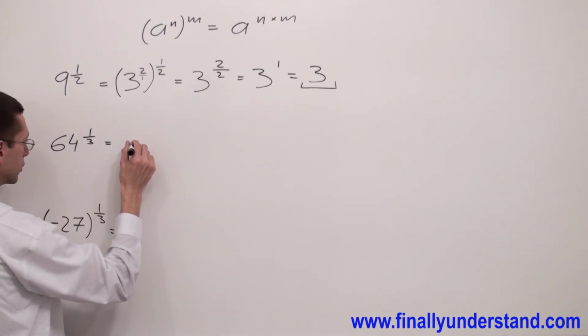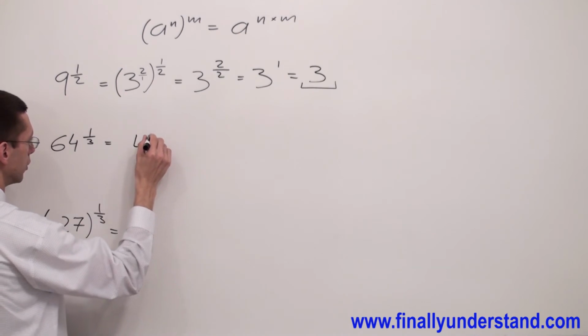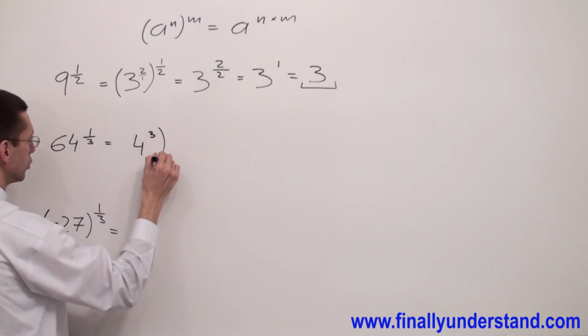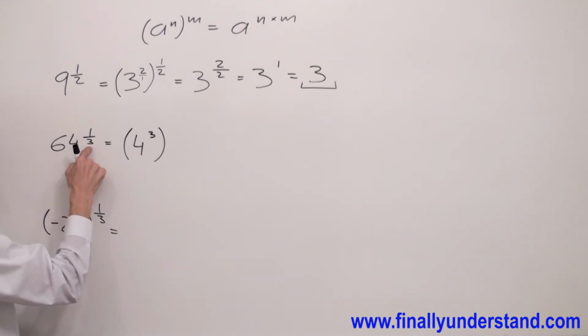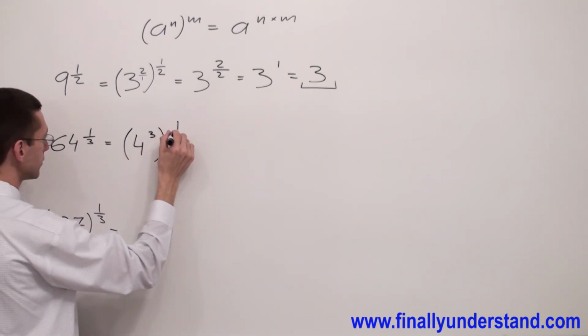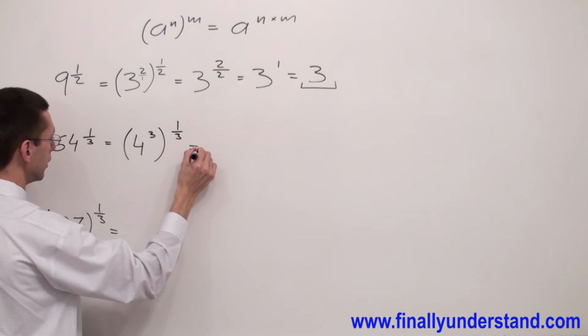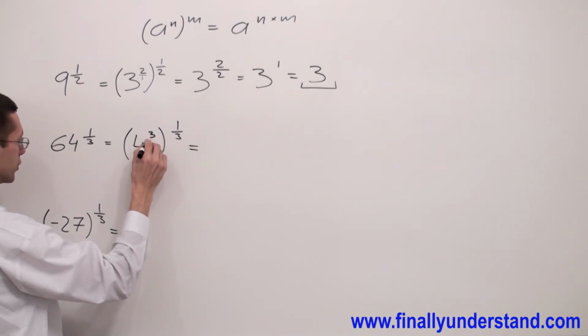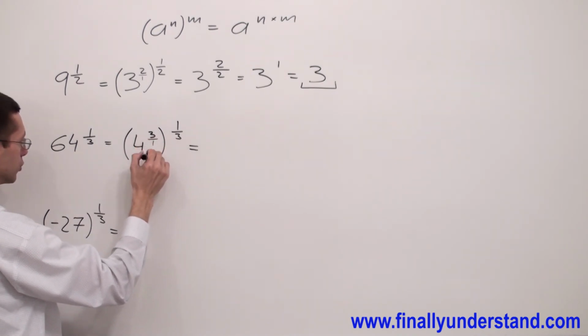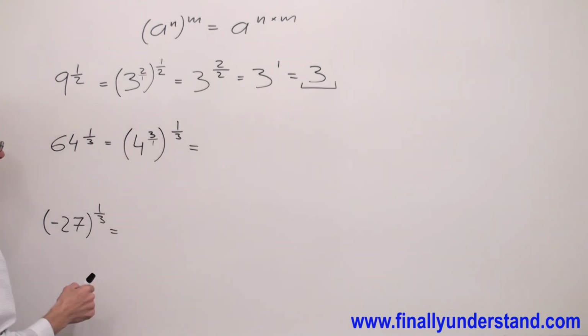The answer is 4. 4 to the third power is going to give me 64. I have to copy down this exponent. Now, because I have an exponent outside of the parentheses expressed as a fraction, I'm going to convert the exponent inside of the parentheses to a fraction by writing 3 over 1.